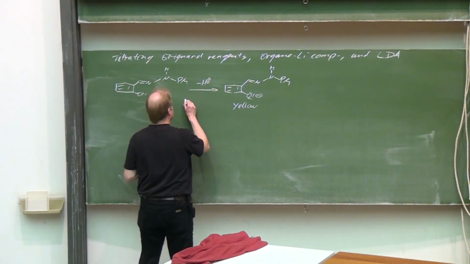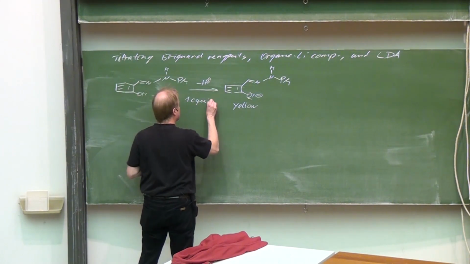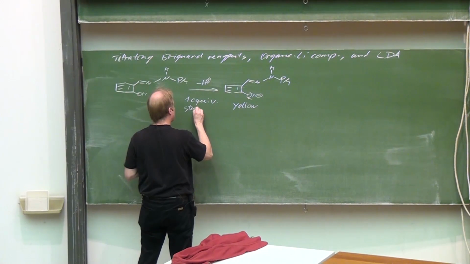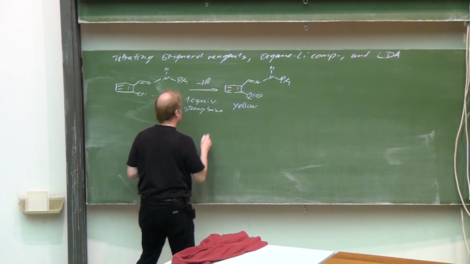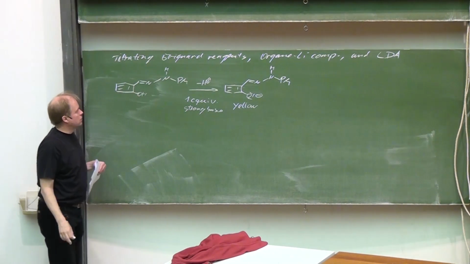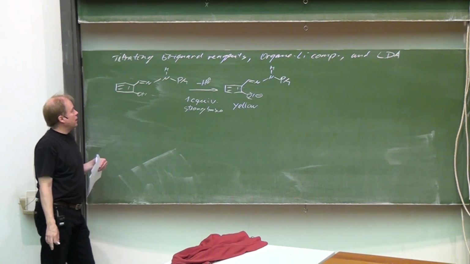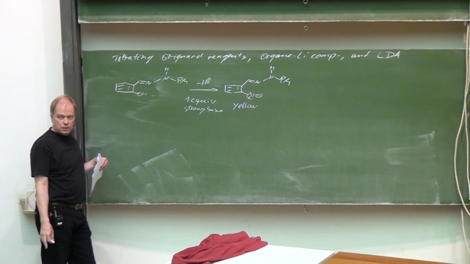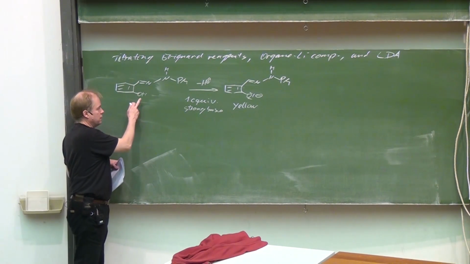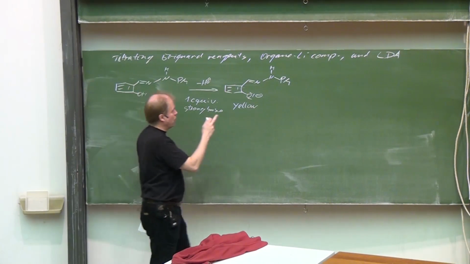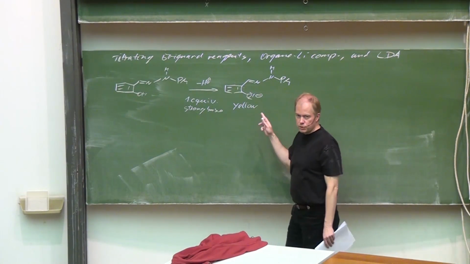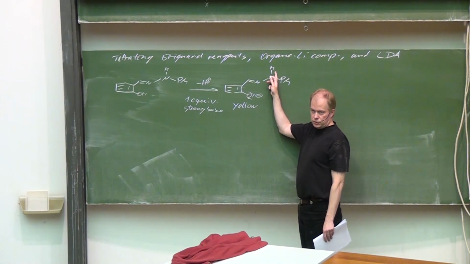So, one equivalent of the strong base, R, MgX, and so on. Please keep in mind that Grignard reagents are generally far less basic than organolithium compounds. However, Grignard reagents are basic enough to deprotonate here, and they also are basic enough to deprotonate a second time with hydrogen.